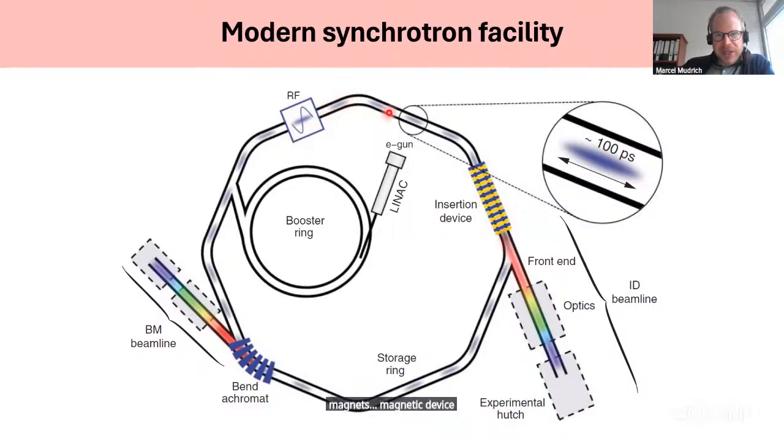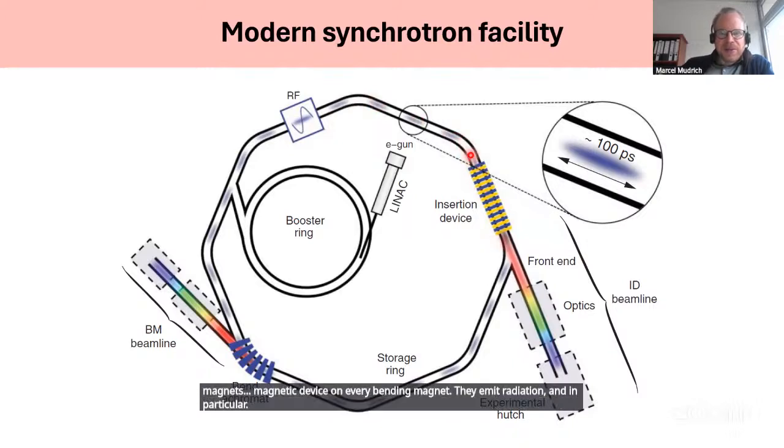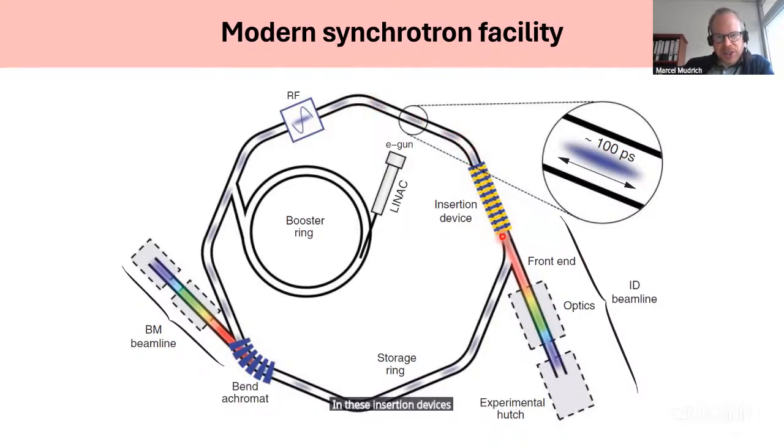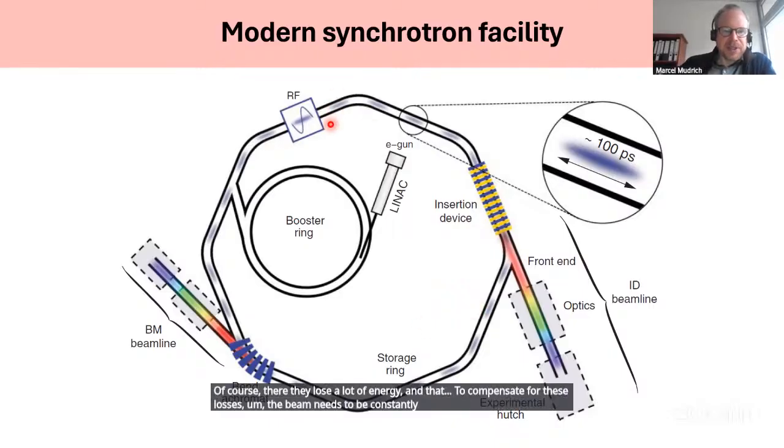On every bending magnet, they emit radiation, and in particular in these insertion devices, which can be wigglers or undulators, which are these dedicated emitters of synchrotron radiation. Of course, there they lose a lot of energy, and to compensate for these losses, the beam needs to be constantly re-accelerated.